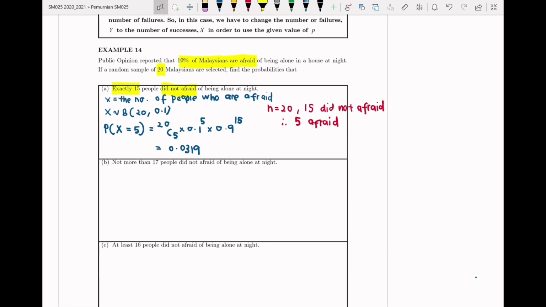Next, the second question, find the probability that not more than 17 are not afraid of being alone. So here, we have the total number of trials, the number of people, is 20. We have X as the number of people who are afraid, and we will let Y be the number of people who are not afraid.